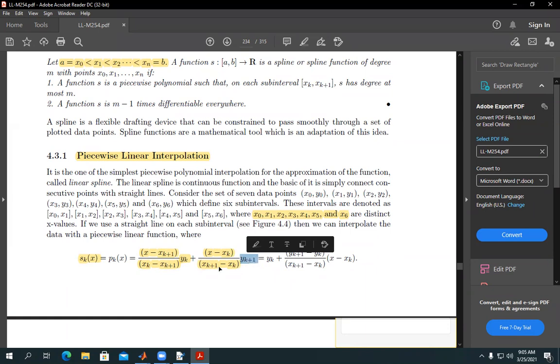But in this form, in place of x0, I am using f of xk, and in place of f of x1, I am using f of xk plus 1. Exactly the same meaning. This is the linear Lagrange formula, and the linear Lagrange formula can also be written in this form.